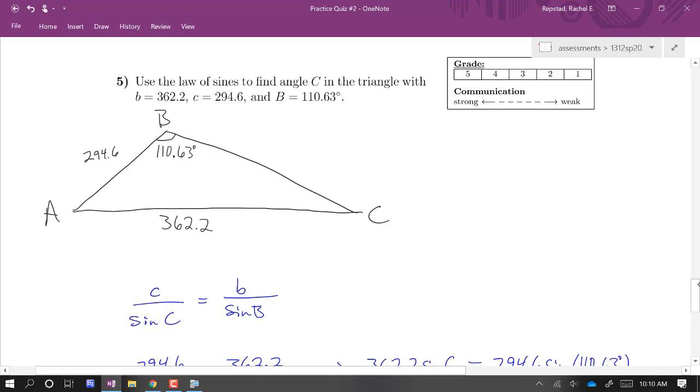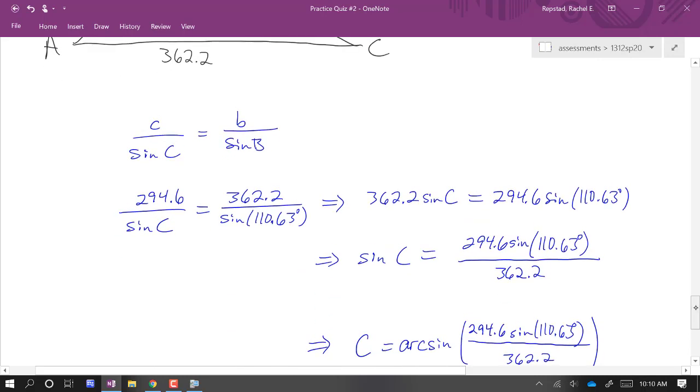They gave us side C and side B, and we wanted to find angle C. So they gave us a matched pair, which means we're ready to use law of sines, and we should because we're asked to do that. And then we use arcsine to find angle C.